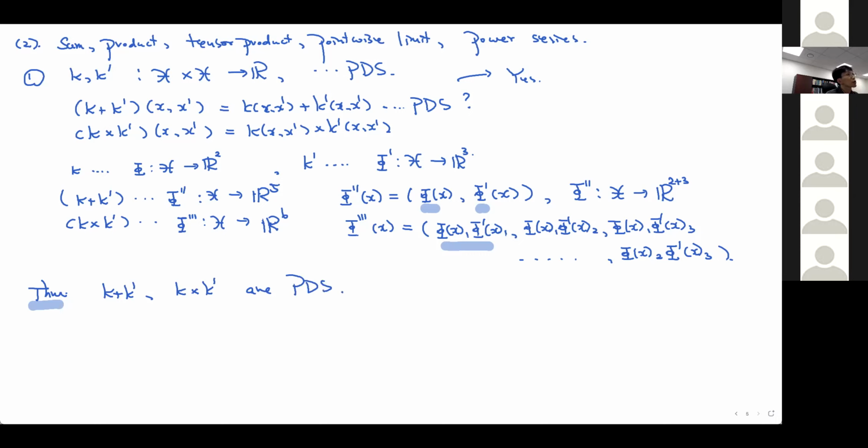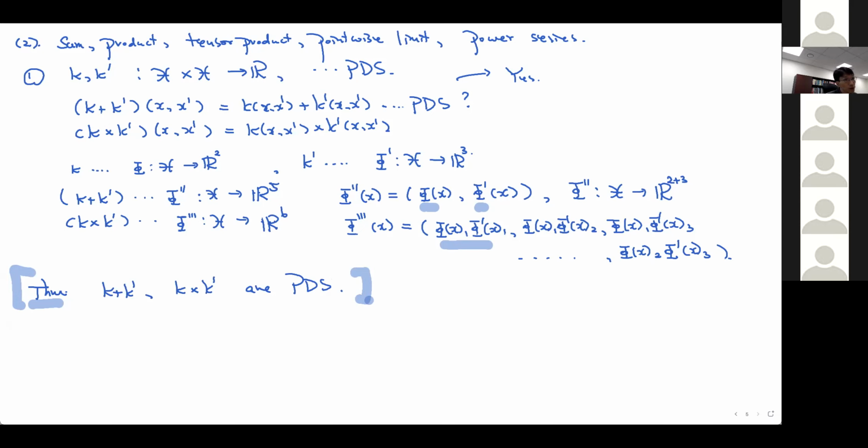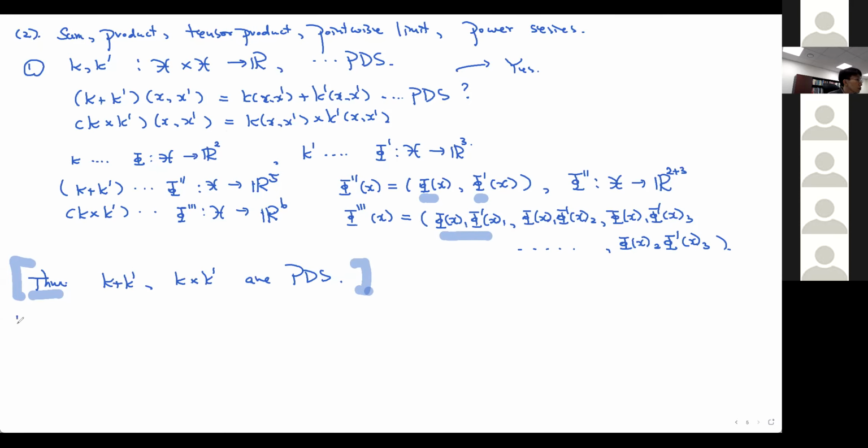As I said, symmetry is obvious, and showing positive definiteness for the sum is easy, but showing positive definiteness for multiplication involves a little bit more. So we're only going to do this one. We will show positive definiteness of K times K prime.